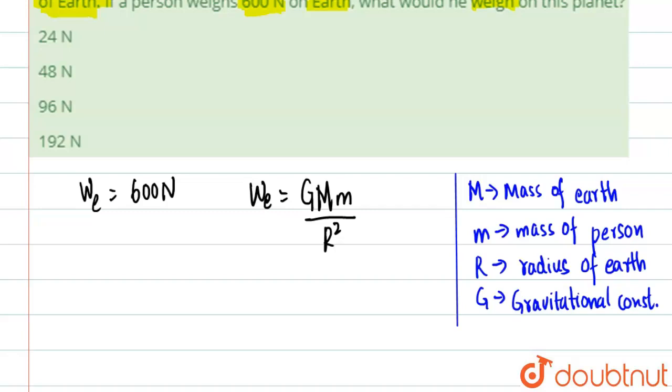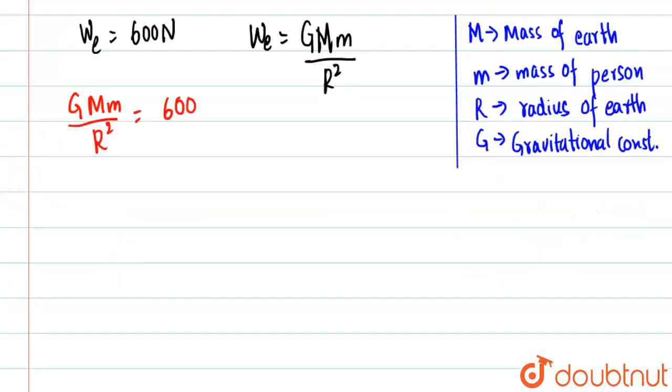In the question it's given that G M m by R square is equal to 600 Newton. So we'll take 600 and move on. Now we'll see about the hypothetical planet.